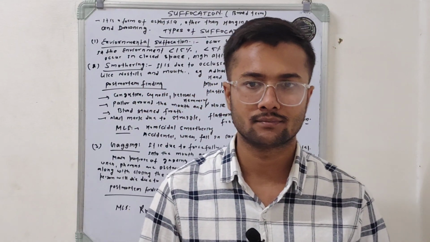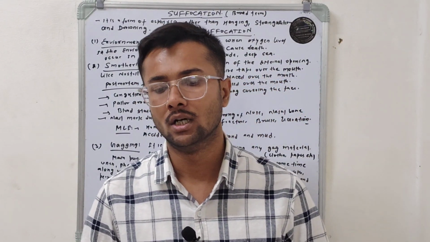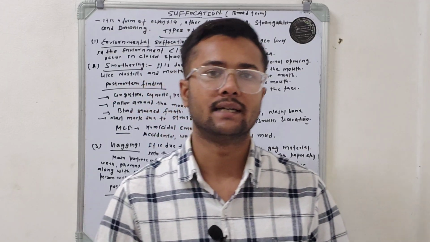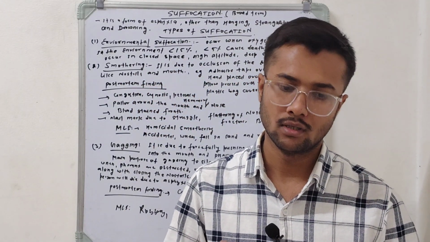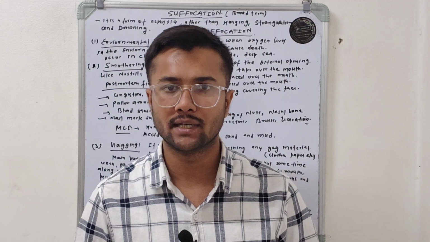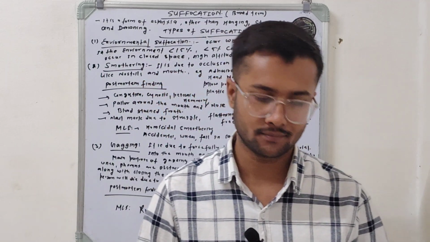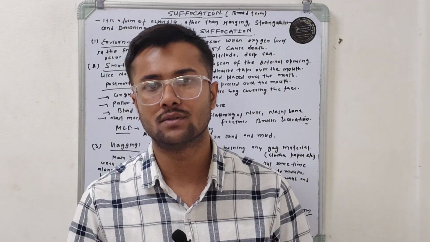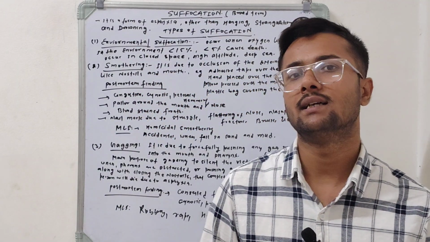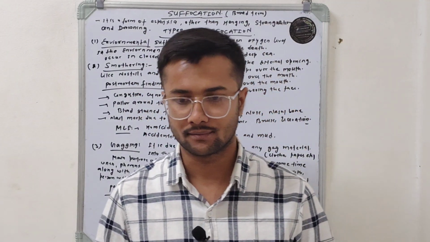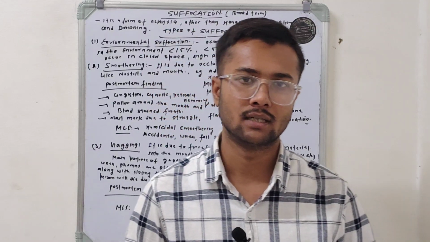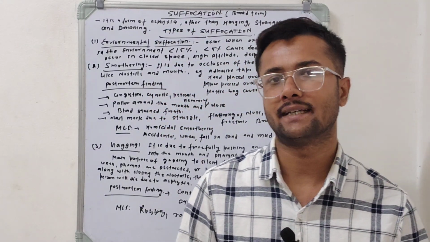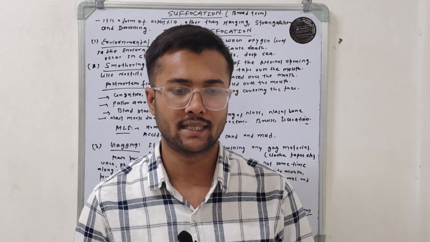The next thing is gagging. So what is gagging? Gagging is basically pushing gag material forcefully into the mouth and pharynx. The main purpose of gagging is to silence the victim.